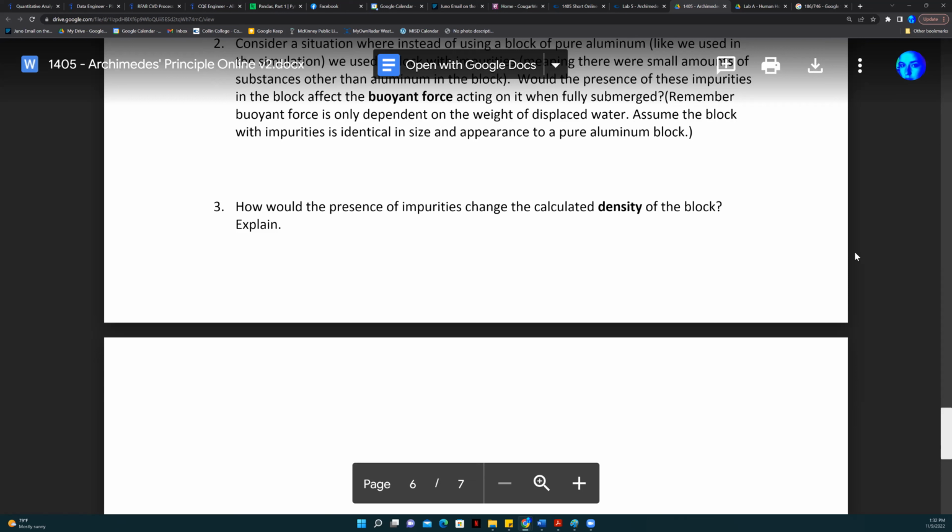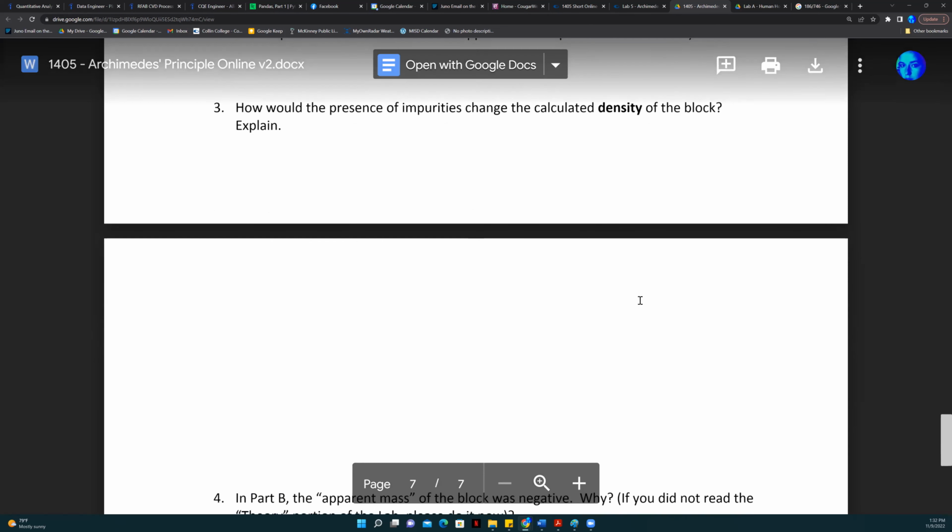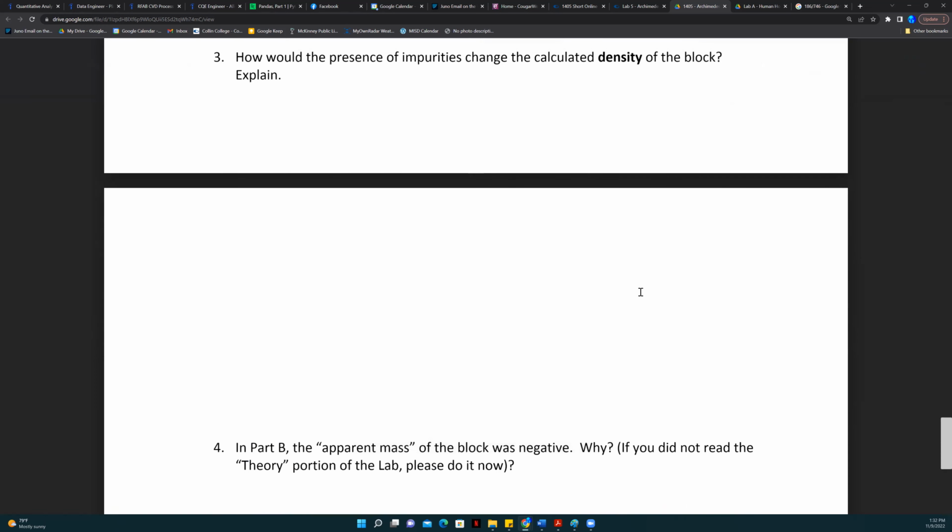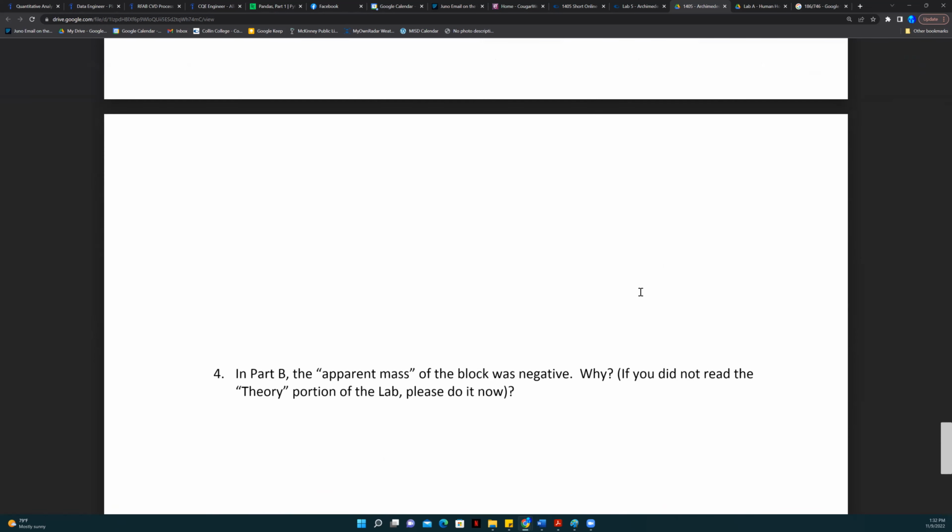So I think that the question, they're just like, well, what would the impurities do? So you need to actually discuss that a little bit, say something that you know about the number that you get. If there's impurities, what would happen to that number and what conclusion would you make from it? And that's number 3, how would the presence of impurities change the calculated density?